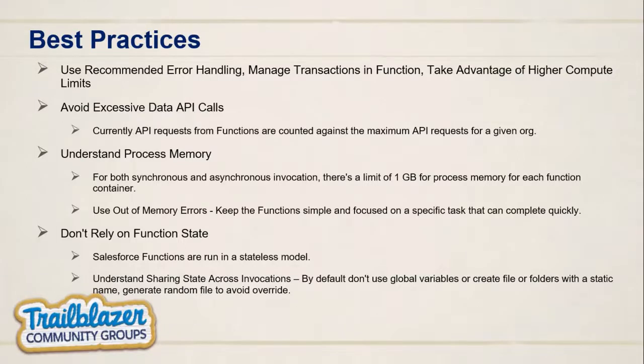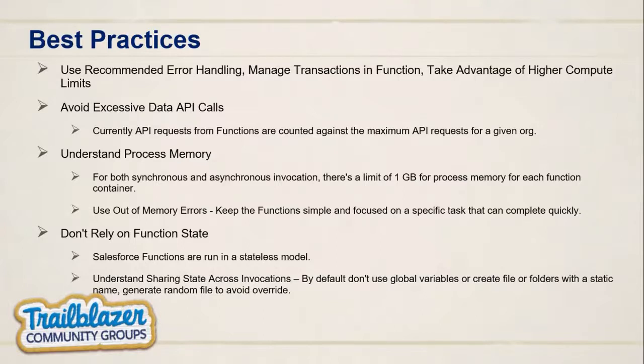In this process, we also have to understand sharing state across these invocations. It's possible to share the state across each function invocation using global variables and temporary file names. But as a best practice, we should not use global variables by default. And we should not use a static name for a function file or folder by default.